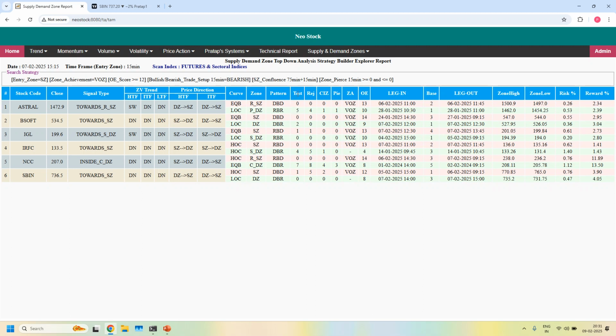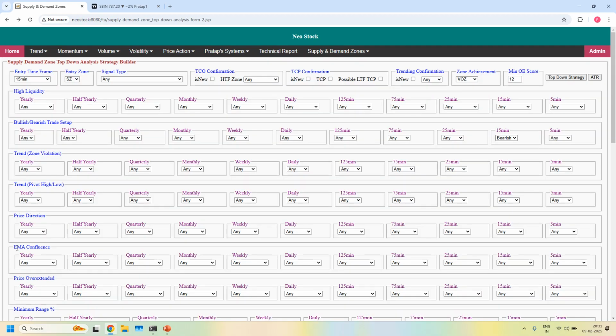This is the LTF and ITF supply zone confluence. For these 6 stocks, we need to add the ITF supply zone confluence. So in the EMA confluence, what is ITF? 75 minutes. So in the 75 minutes supply zone, we should look for daily EMA confluence. We need to verify whether the 75 minute supply zone is having daily EMA confluence or not. So let's verify.